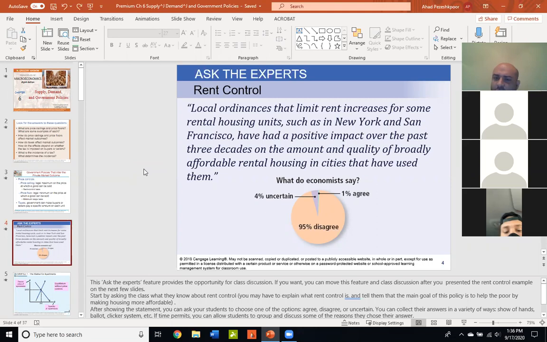Why would rent control policies end up hurting the quantity and quality of low-income housing or affordable housing?